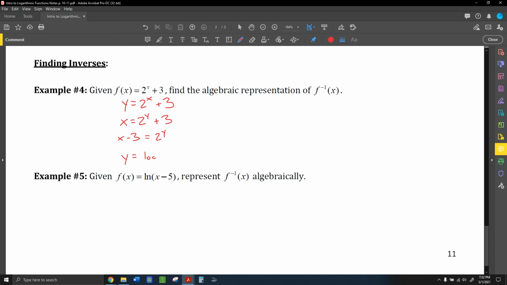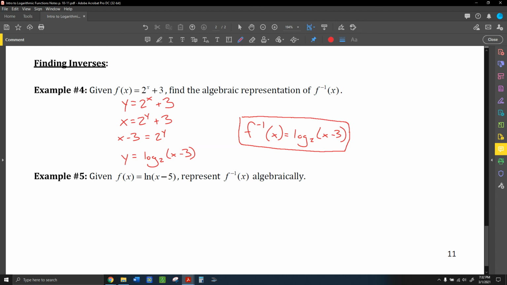And don't forget those parentheses. That entire x minus 3 is the argument of the log. And then finally writing as an inverse, f inverse of x is, again, log base 2 of x minus 3.